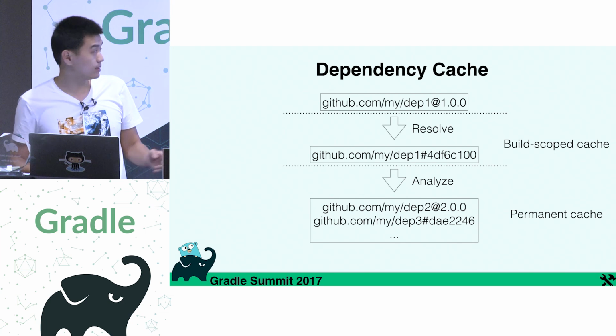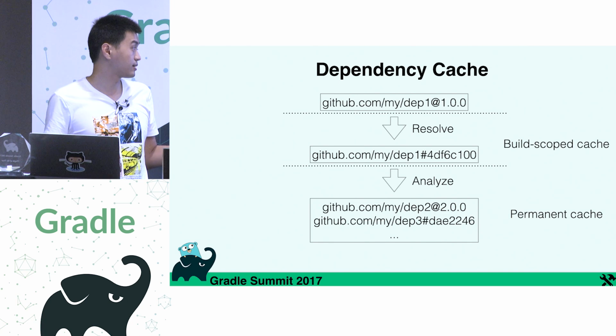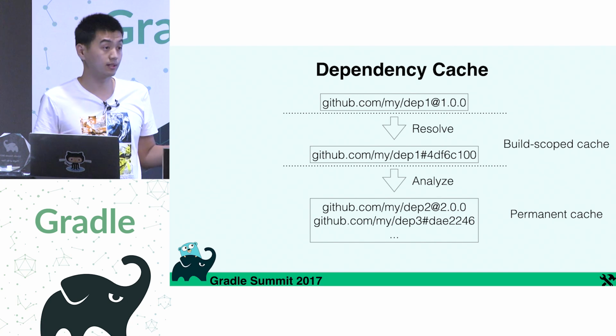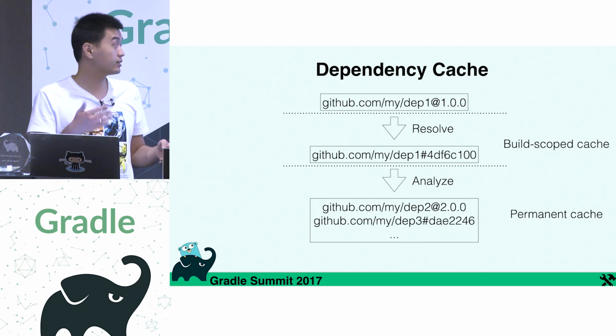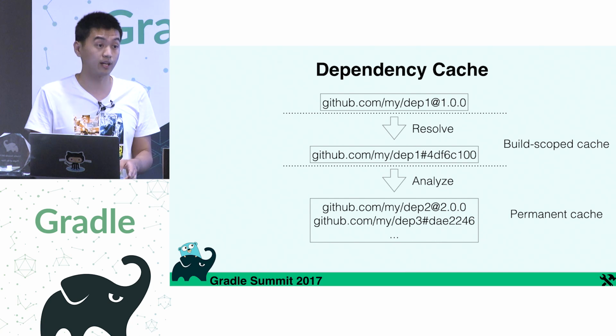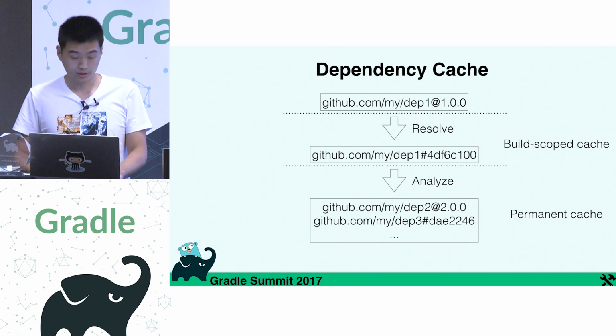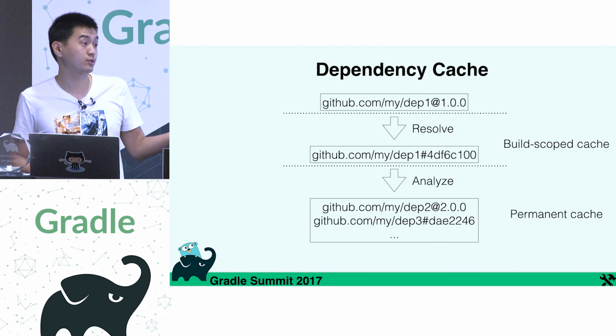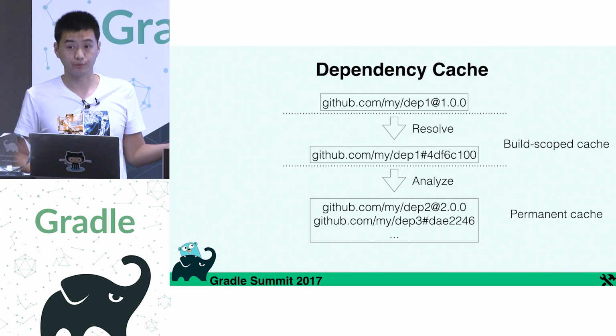And then the transitive dependencies are permanent because they will not change, right? A git commit is history and cannot be changed. So we can use the cache strategy to speed up our build.